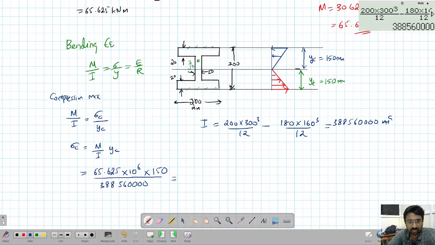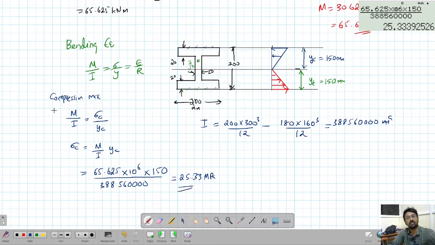Let's calculate that: 65.625 into 10 to the power 6 into 150 divided by 388560000. This gives me 25.33 MPa. So this is a compressive stress.